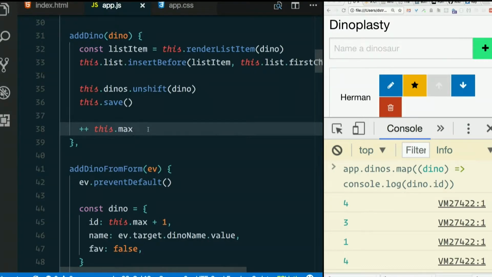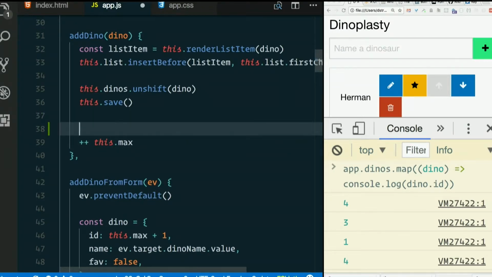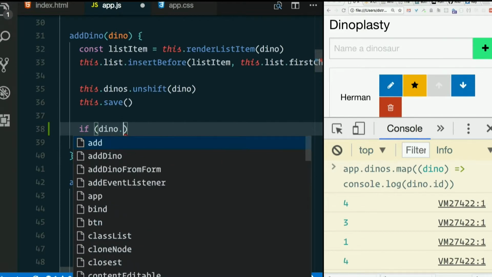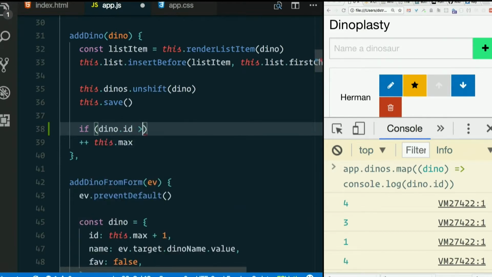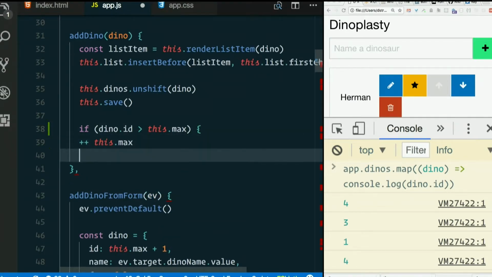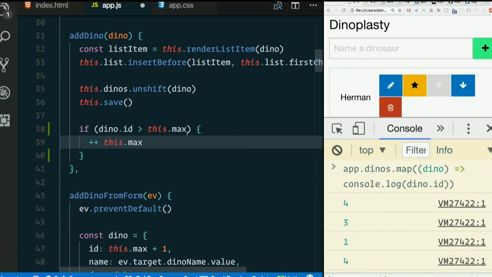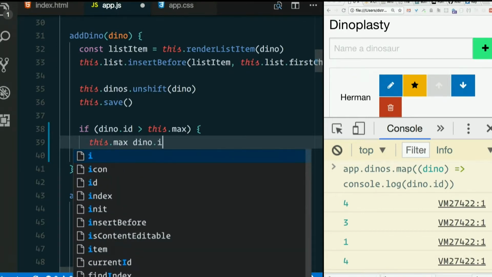What I'm going to say is instead of always incrementing it, I'm going to say if the ID of this one that I just added, dyno.id, is greater than the max, don't just increment it. Set this.max to that ID.